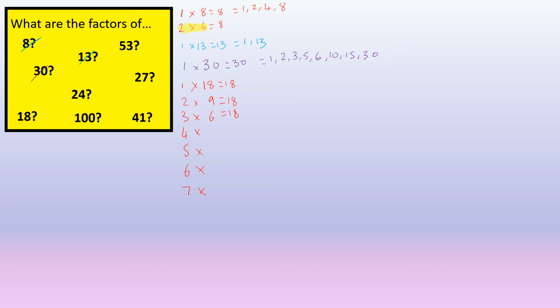I can't do anything times 4 or 5. And again, there's no point doing 6 times 3 because I've already got it here. So let me rub these ones out here. So our factors of 18 are 1, 2, 3, 6, 9, and 18.